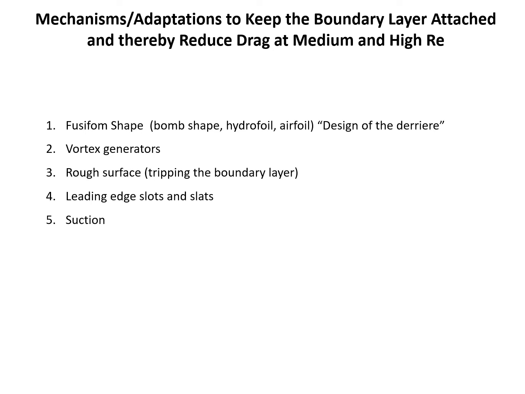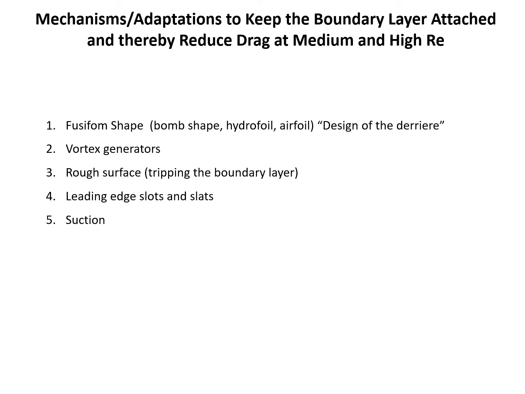And the adaptations or mechanisms I'd like to look at start with the shape of the animal, a fusiform shape, sort of that bomb shape that we saw in the movies, or where one side is maybe flattened. So in water, they're considered hydrofoils, in air, they're considered airfoils. But the key part of this shape is really what's going on in the back part of it, sort of the design of the derriere.